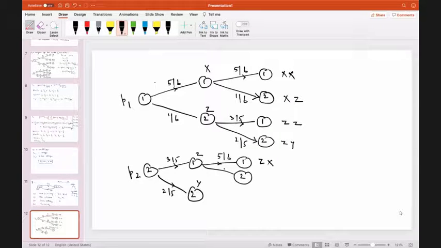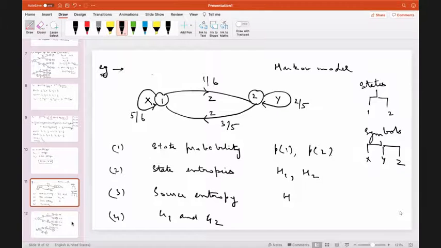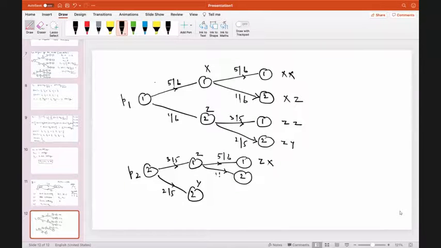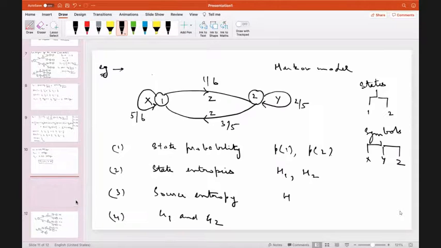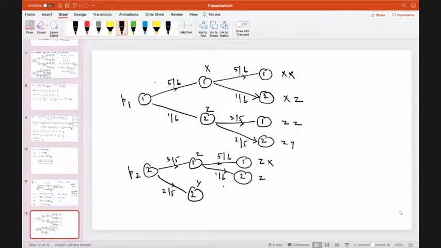And then when you go from 1 to 2, then it is 1 by 6. So you can also see that every arm is going to add to 1. So if this is 5 by 6, this has to be 1 by 6. So then this would be Z, and from 1 to 2, I think you are emitting Z only. So this will be ZZ.